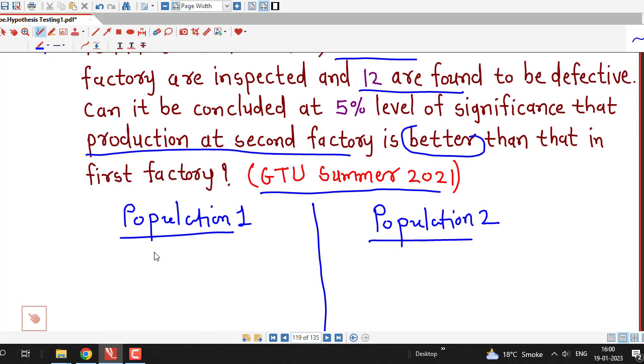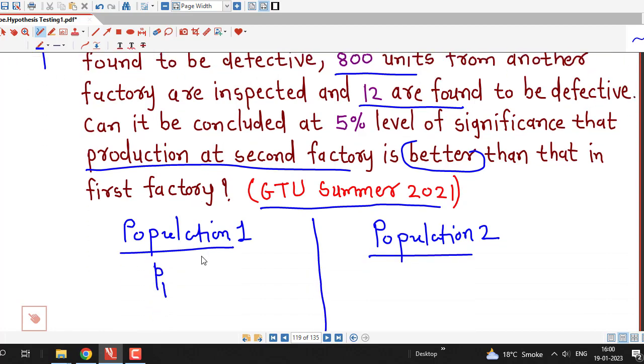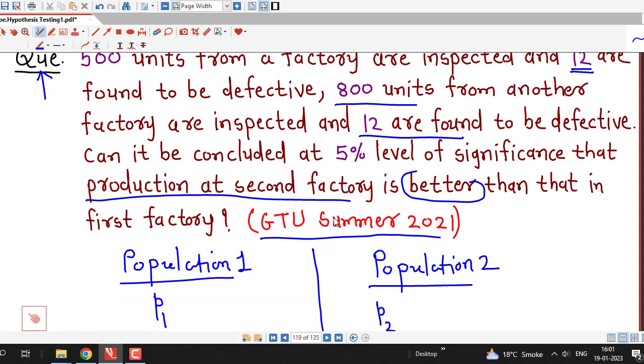Suppose P1 is the proportion of defective units from factory 1 and P2 denotes the proportion of defective units of factory 2, and we are given two samples.